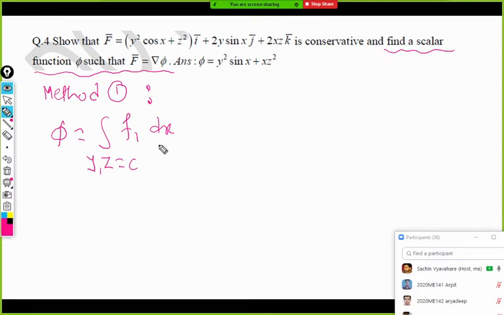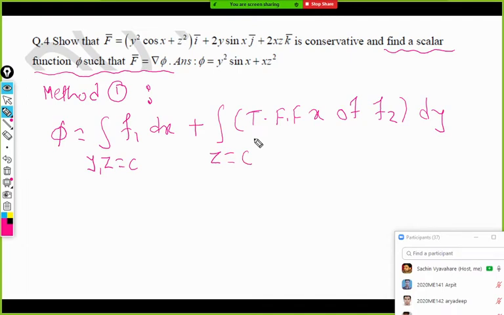So phi is equal to the integration of f1, integrate f1 with respect to x, treating y and z like a constant. That is the first term, plus integration of terms free from x of f2 dy, treating z as a constant.